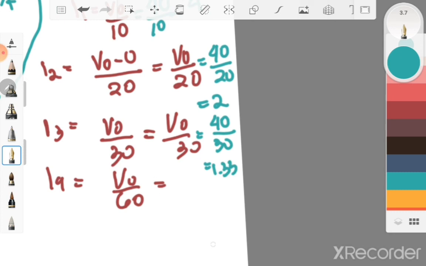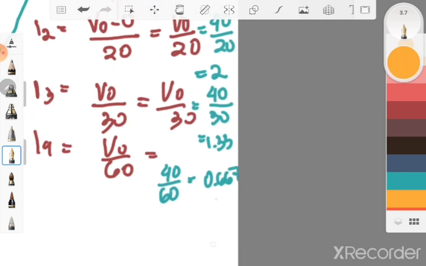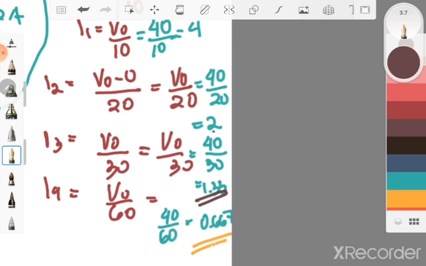And then I4 is equal to 40 divided by 60, which is equal to 0.667. Okay. So these are our currents. At I4, we have 0.667. At I3, we have 1.33. At I2, we have 2 amperes. And at I1, we have 4 amperes.